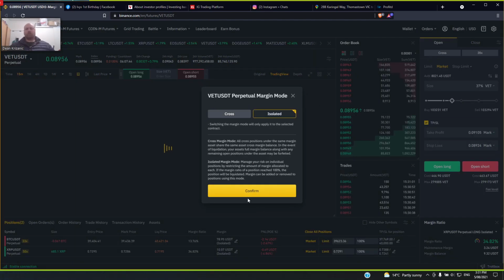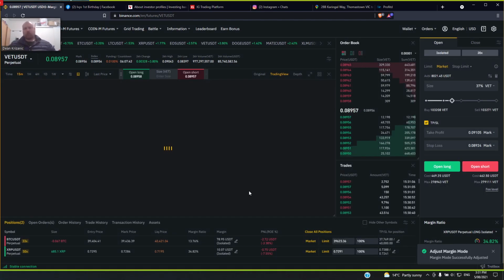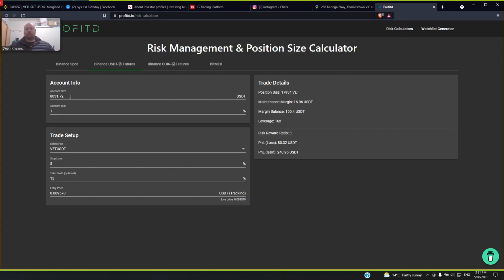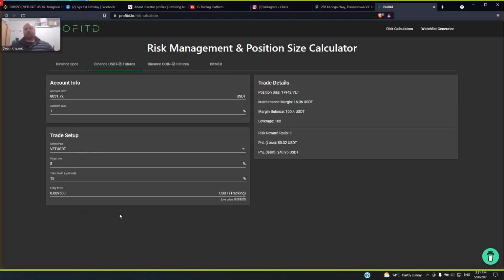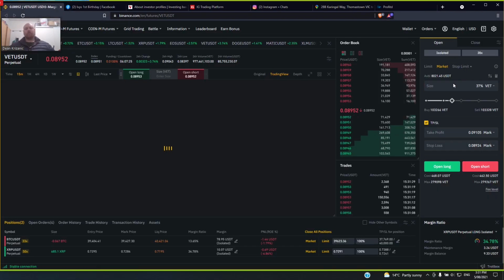You want that constant and consistent value, so that you can jump on here and say this is my account at this point in time, and I'm going to do this XYZ, and then you can get this spitting out properly. Otherwise, your account size is going to be moving, and all this is going to be thrown out. So make sure that you use that isolated mode.